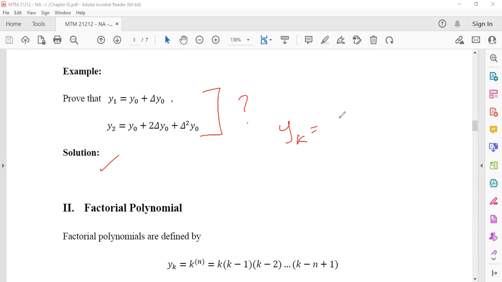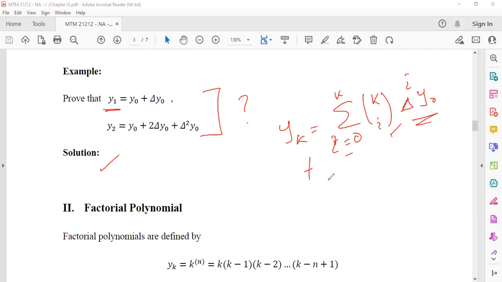What is the formula we have written now? yk is equal to the summation i is equal to 0 to k, k choose i, delta i y naught, isn't it? Using this, can you find what they are asking? y1 is this one, y2 is this one.